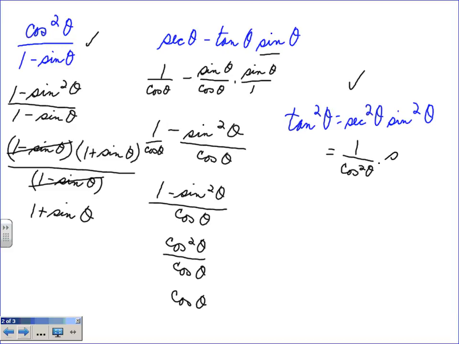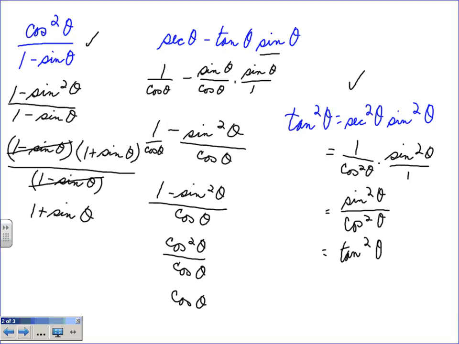And we'll put sine squared theta over 1. And this is a little bit easier than a geometric proof. 1 times sine squared is sine squared. Cosine squared theta times 1 is cosine squared. And by definition, sine squared over cosine squared is tangent squared theta.